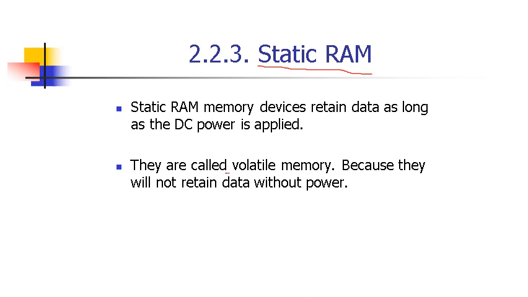And this is why they are called volatile memory. So as long as the power is provided to the chip, you have the data inside. If you turn off the power, you lose the data. This is a type of volatile memory.